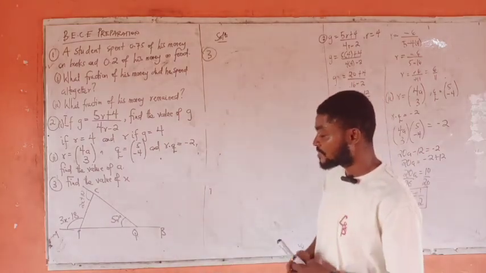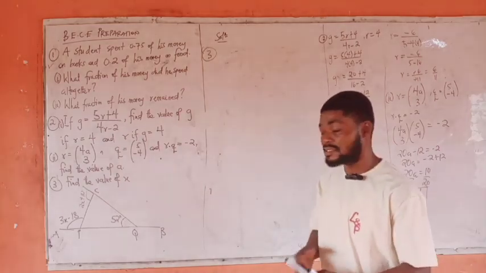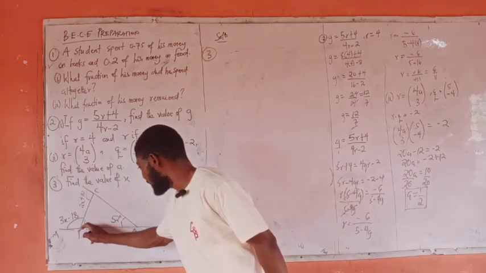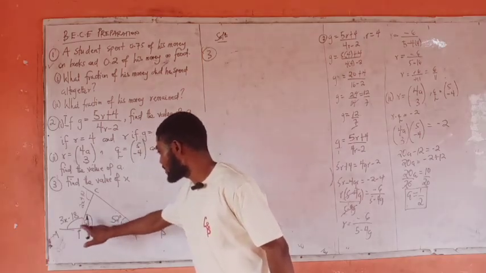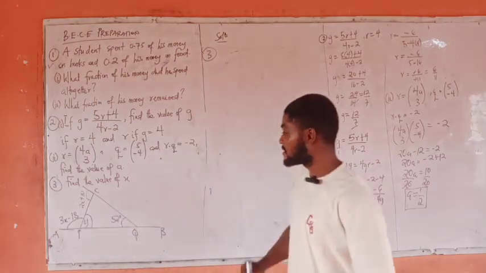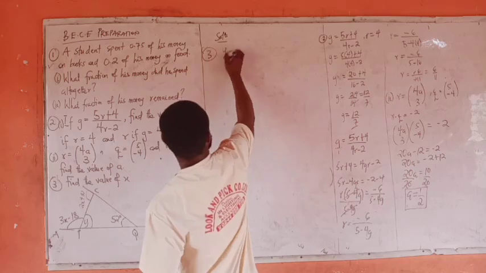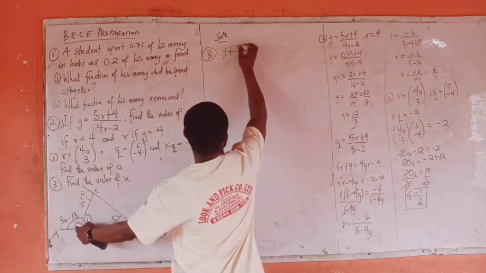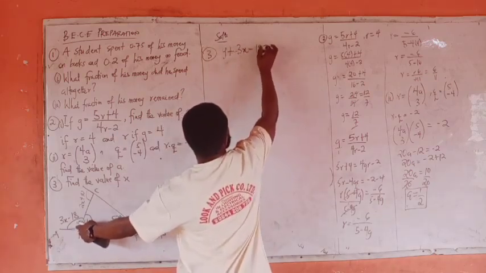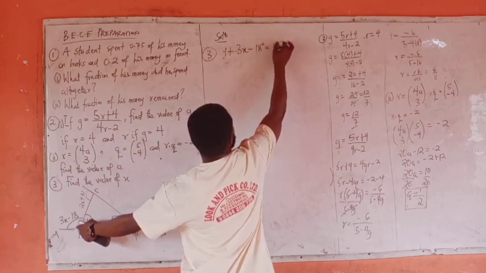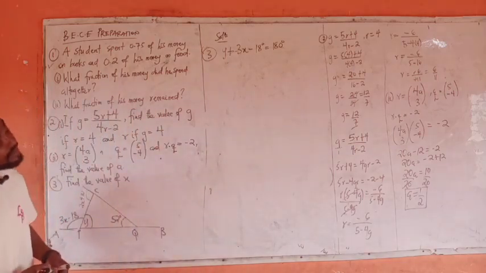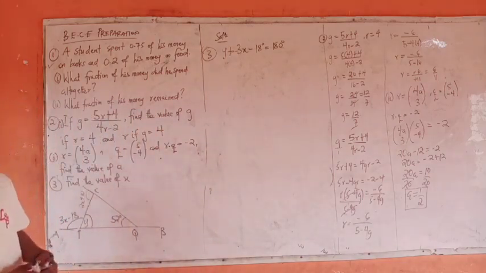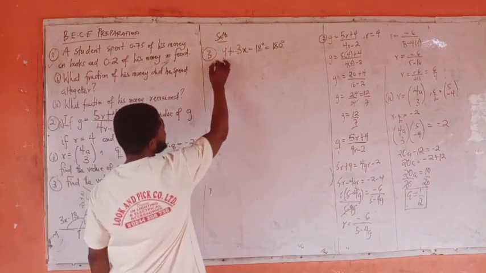We know angles on a straight line sum up to 180. So let's put y over here. When we put y here, we can find the value of y by adding this and this to get 180. So y plus 3x minus 18 should be equal to 180 degrees, so that we can make y the subject now.